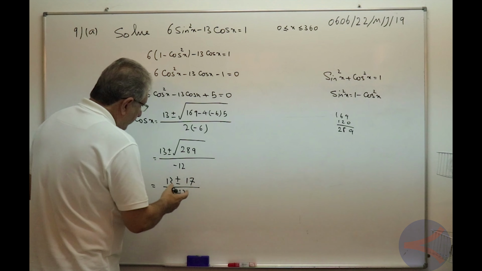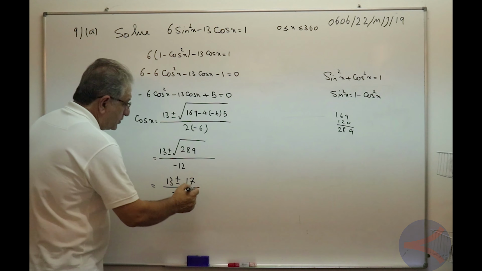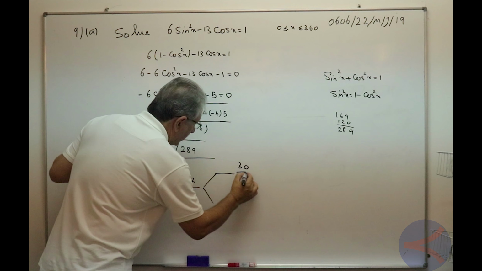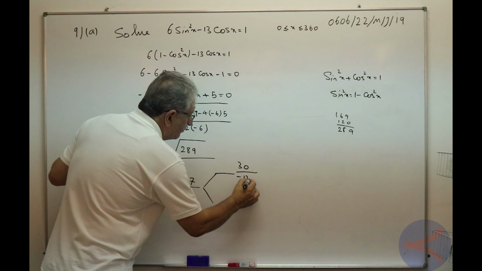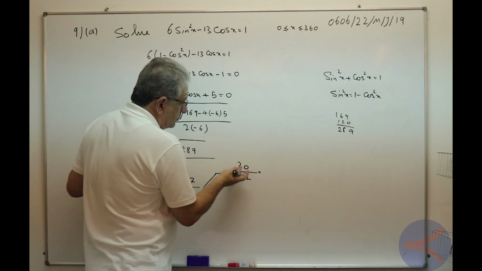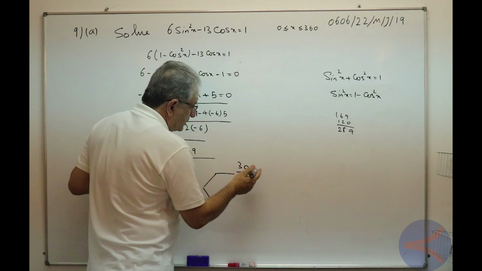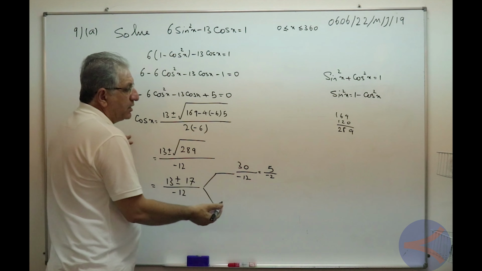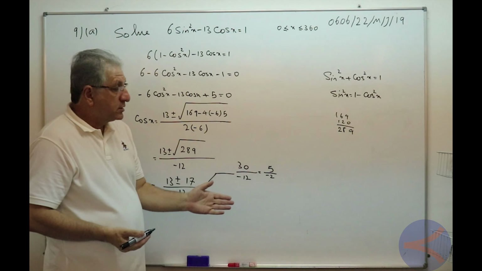Now once you have to add, once you have to subtract. When you are adding, I'm going to get 30 divided by negative 12, which we can simplify by 3, and then by 6, so it will be 5 over minus 2, which is not accepted because it's more than 1.